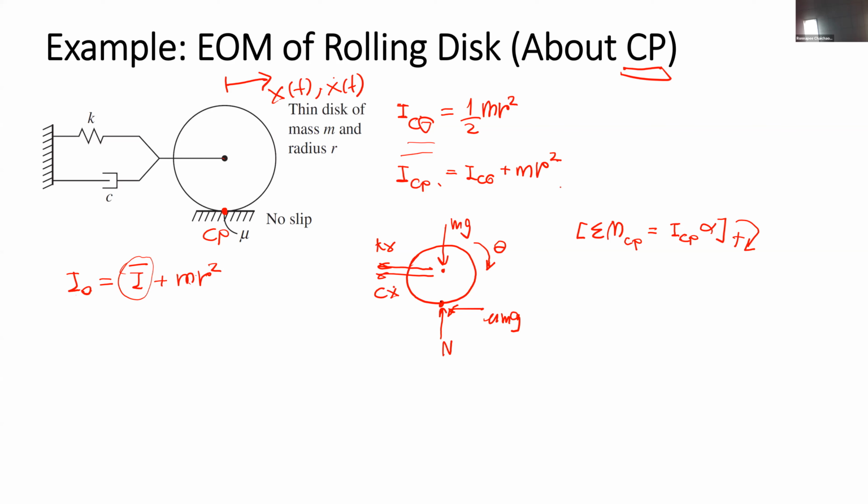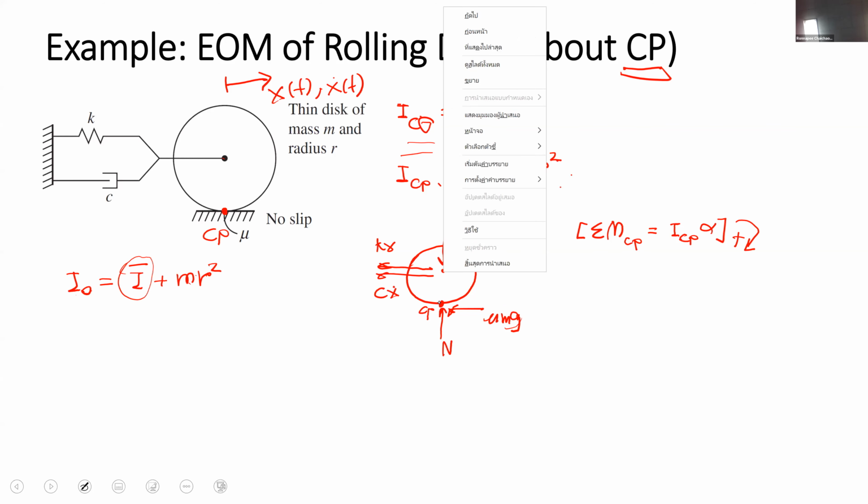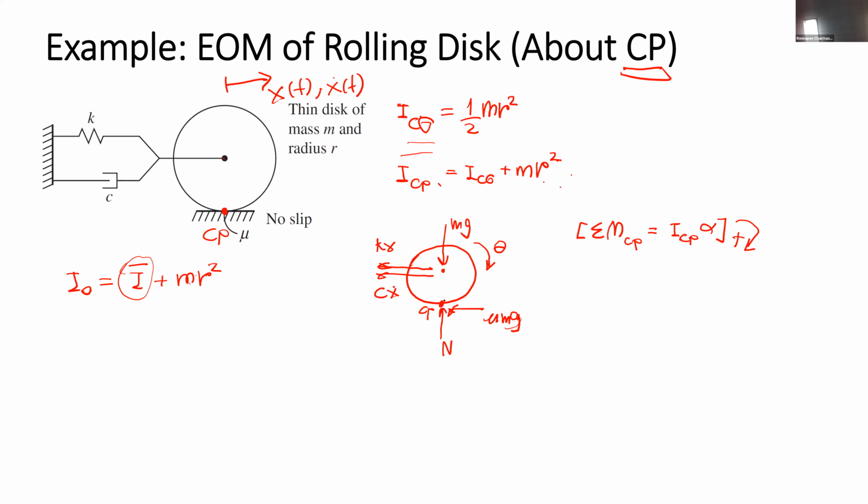In the previous page, we have only mu mg that is not acting on the CG. But now we consider this point, CP, the contact point, instead. So for the summation of the moment, we're going to have these two forces that act at the CG and do not pass through the CP, and act in the counterclockwise direction.